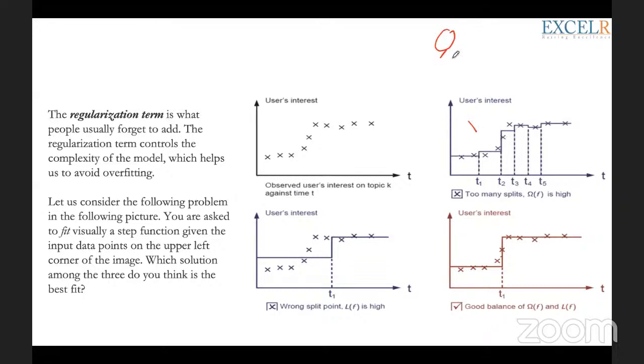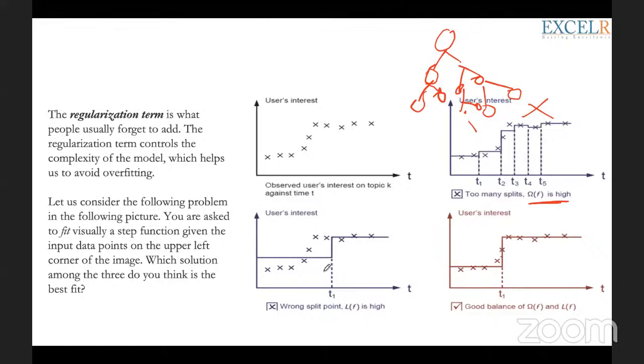What is too many splits? Like this. Those are too many splits for a given data set. So in this case, you can say the regularization value is very high. The regularization, or complexity of the model, is very high. That means this model is overfitting the data, and this model is not going to work out in the production environment.